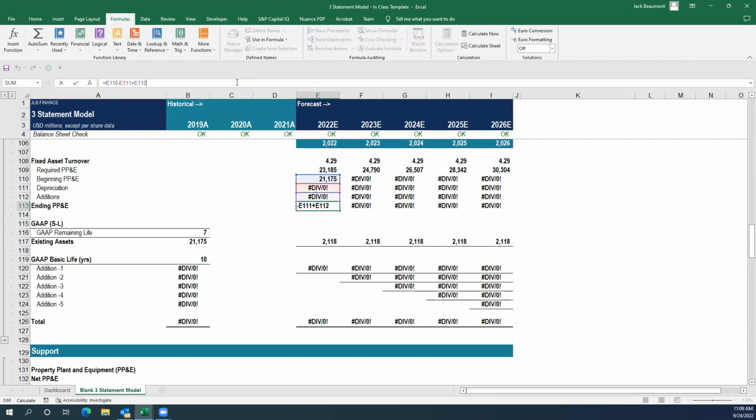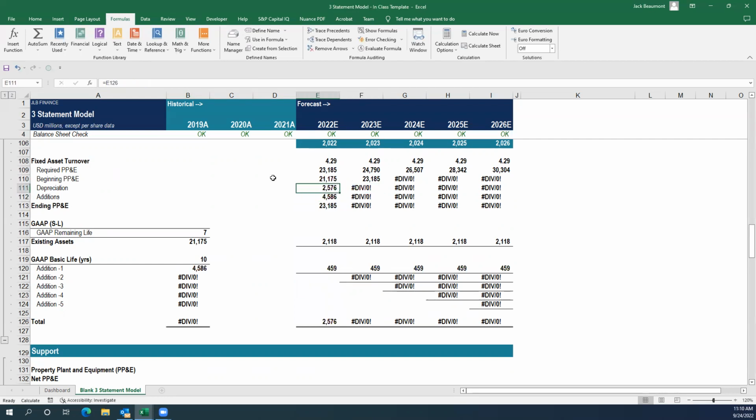So ending should equal depreciation equals that. Sometimes you have to put in that, and I think, okay, so that's what you have to do.